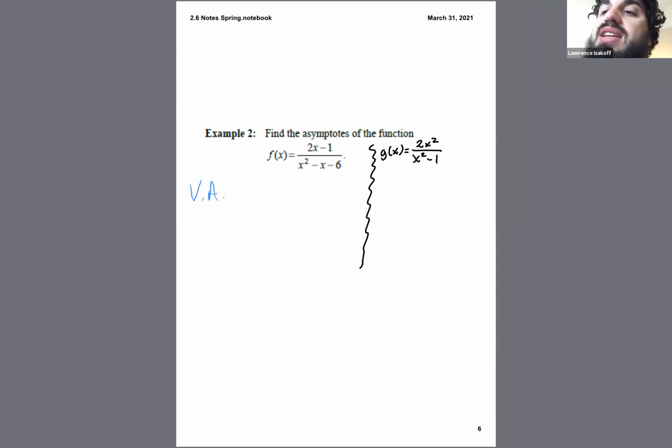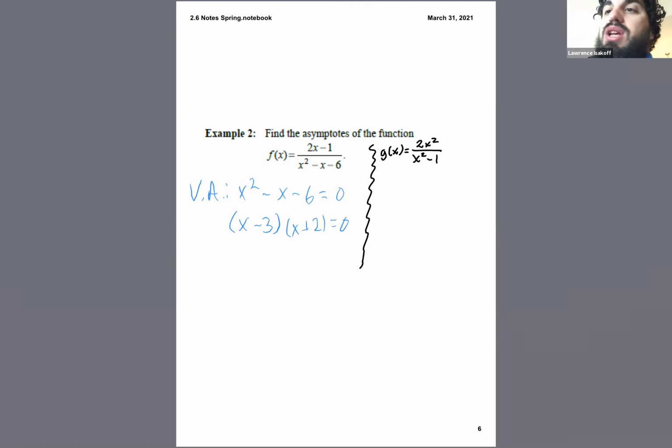I want to set the denominator equal to 0. So I am going to factor this. This factors to x minus 3 times x plus 2 equals 0.